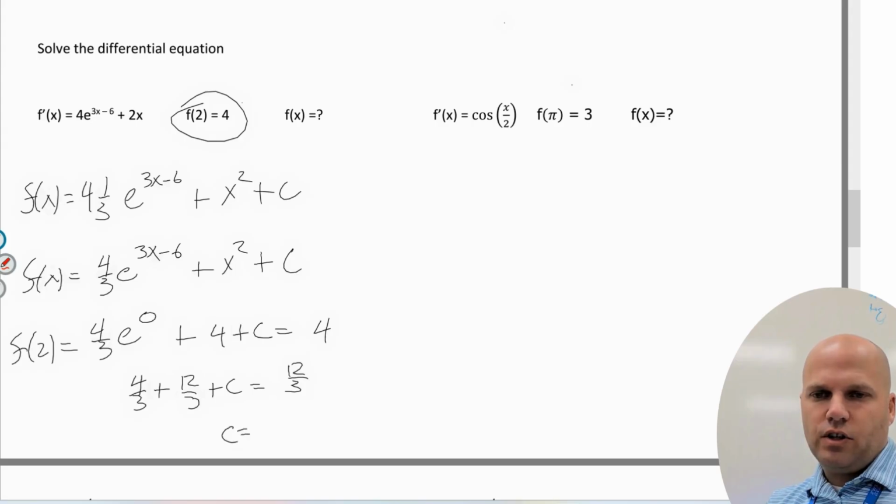So c is equal to negative 4/3. C turns into negative 4/3.